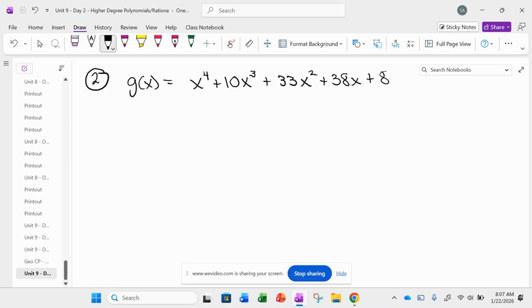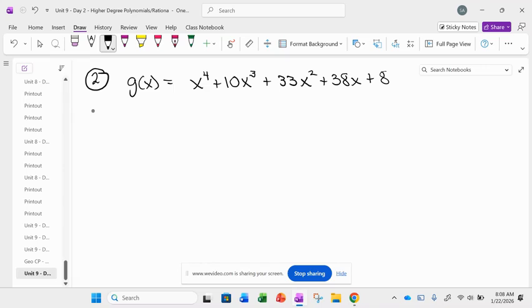All right, how many roots or solutions will we have? 4. So that means I need to do the synthetic division or synthetic substitution successfully how many times? Twice. Because if the degree is 4, I need to get it down to a degree of 2 so I can then use the quadratic equation or factor it. So in order to get it down to a degree of 2, I need 2 successful synthetic substitutions.